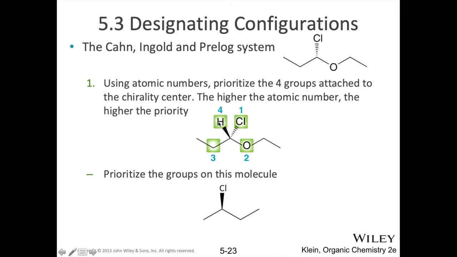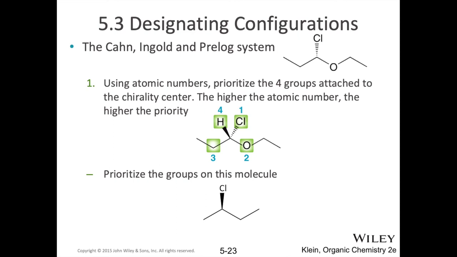This hydrogen is pointing towards you, so that's actually backwards. This would actually be an S designation. Anyway, go ahead and try out this molecule here, look at the groups attached to it, and see if you can prioritize them.